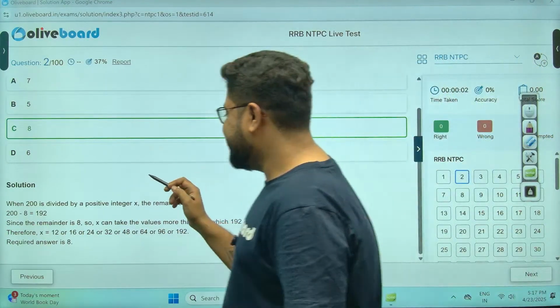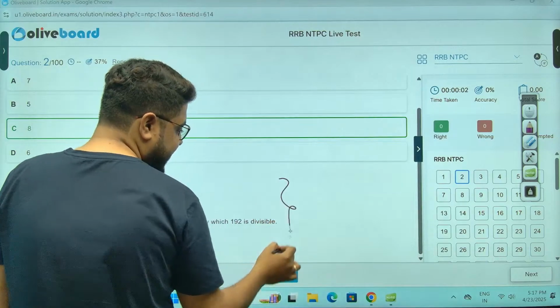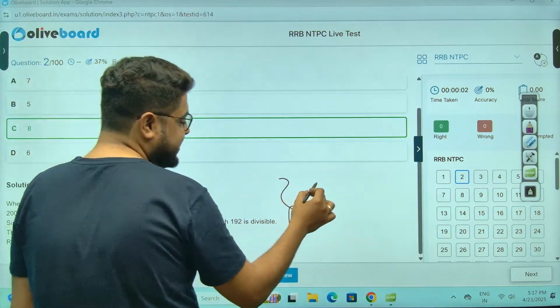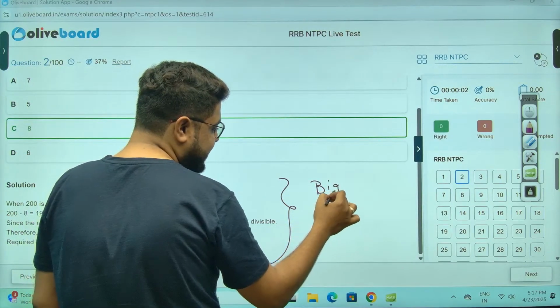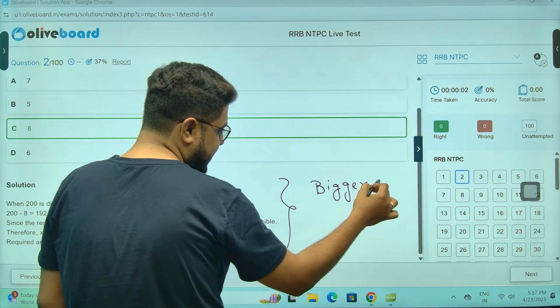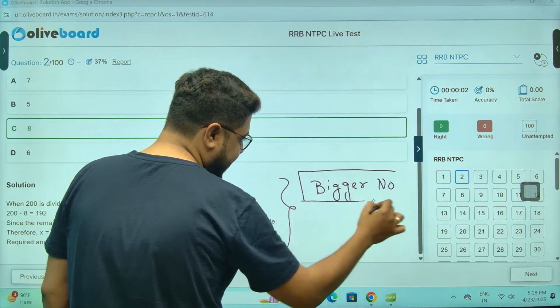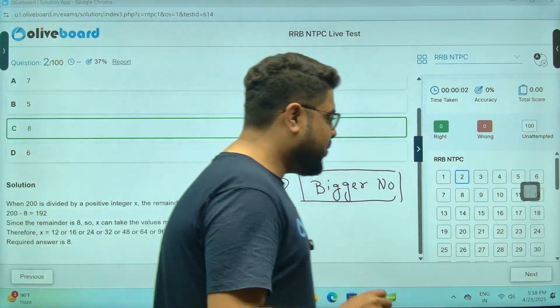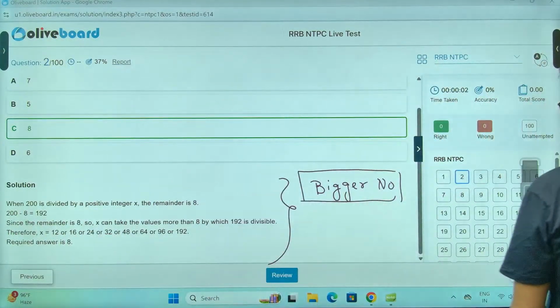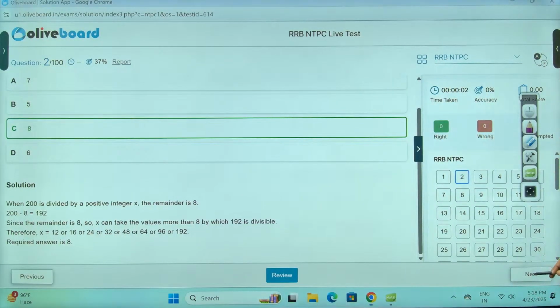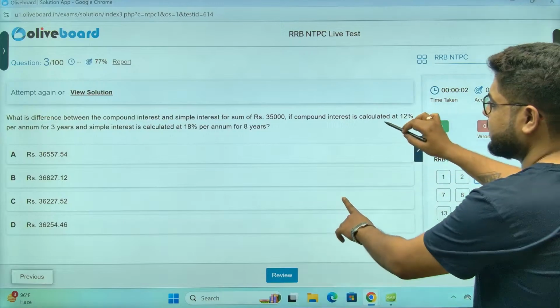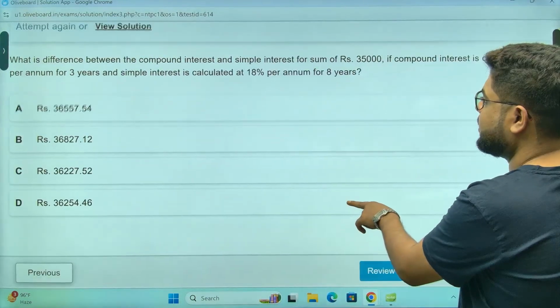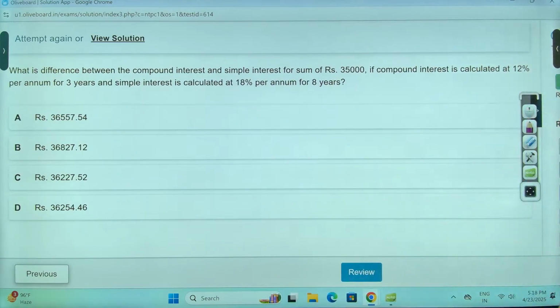Please understand, this will not work for bigger numbers. It will take your whole day to get this thing done. नहीं चलेगा. You have to understand the proper logic. ठीक है सर? You have to understand the proper logic.